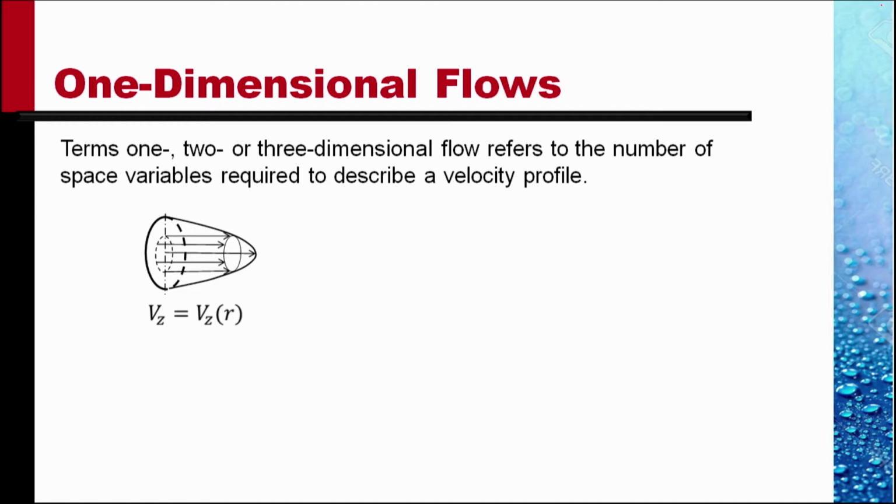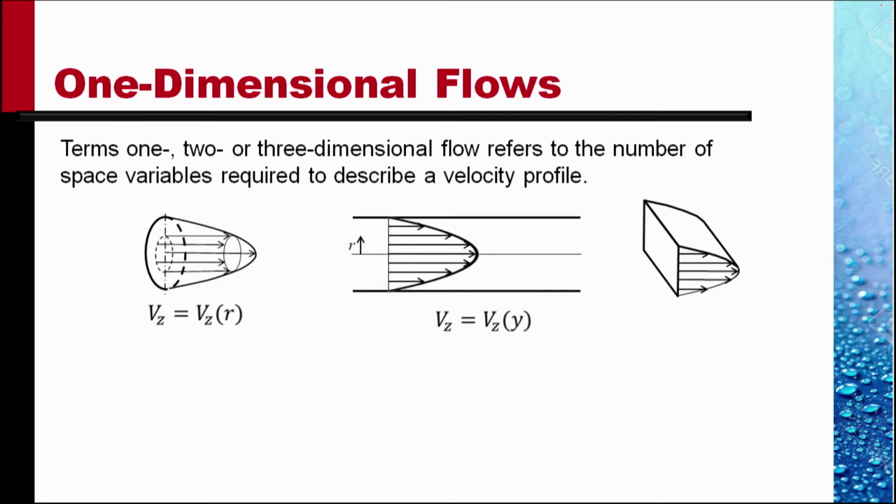We have discussed earlier that if the flow is laminar, this profile is parabolic. It varies like r squared, where r is the radius measured from the center of the pipe. We need only one variable r to describe this profile. That's why this is called a one-dimensional profile.